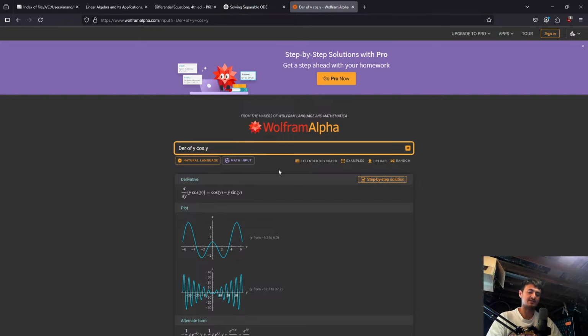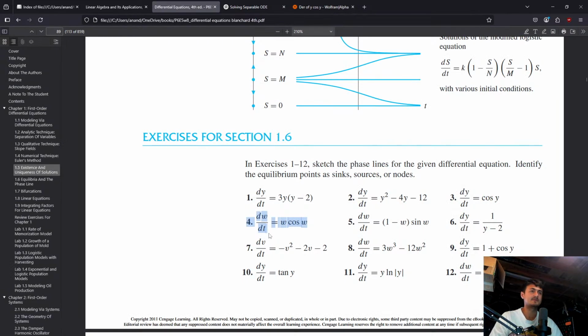Okay, great. So this one I'm just doing the second derivative thing again, or the f prime. So then we get pi over 2 is a sink, 0 is a source, and minus pi over 2 is a sink again. Let's just double check that.